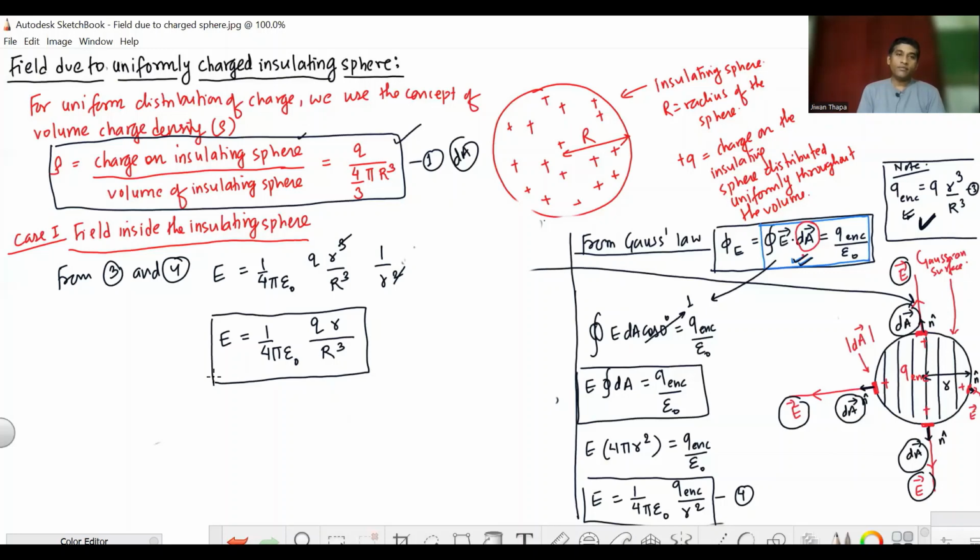So this is the expression for electric field inside a uniformly charged insulating sphere.